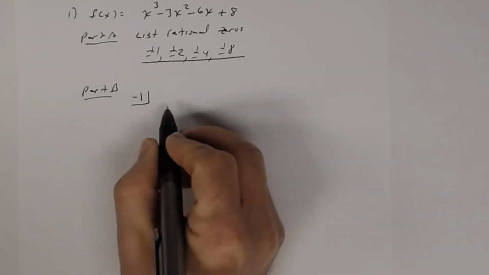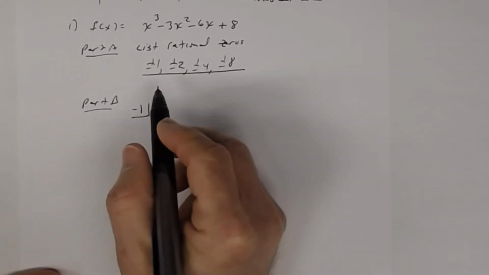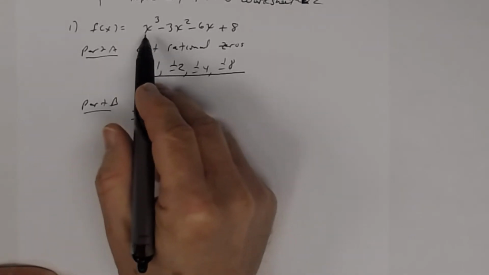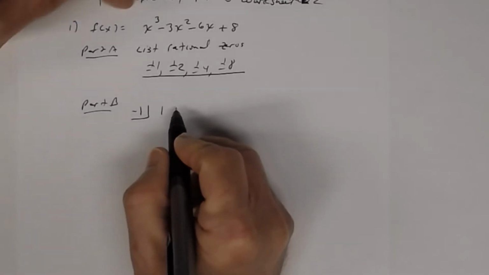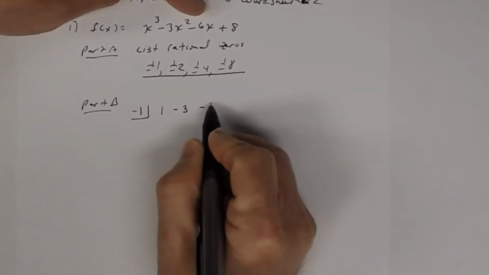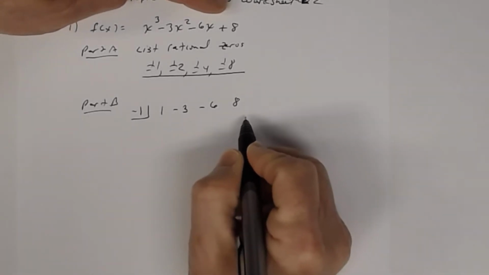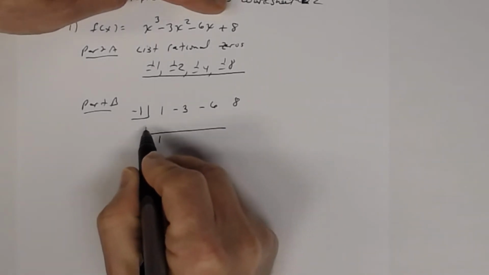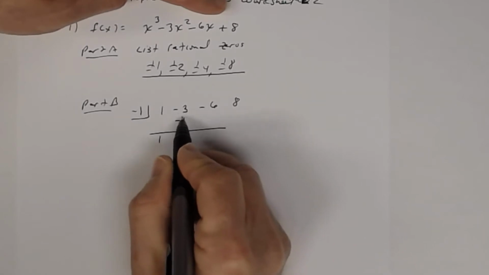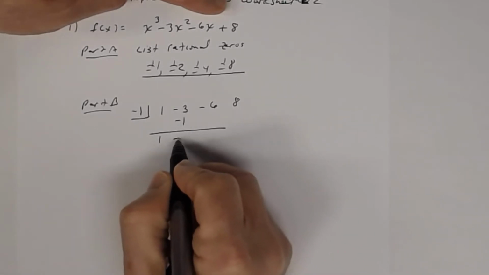Remember, when using synthetic division, you list all the coefficients in descending order: 1, -3, -6, and 8. Bring down the 1. Then -1 times 1 is -1. Add: -3 and -1 is -4.